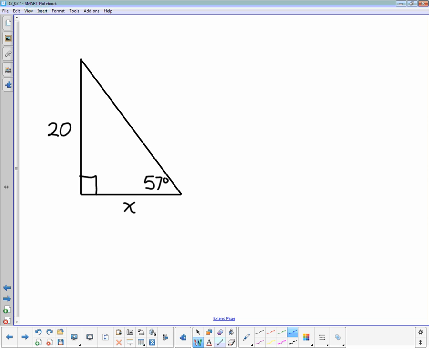So 20 is who? It is across the street. It is opposite. And x is adjacent.